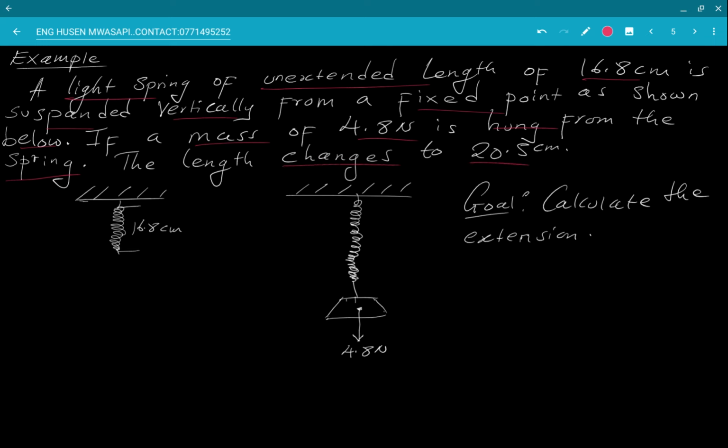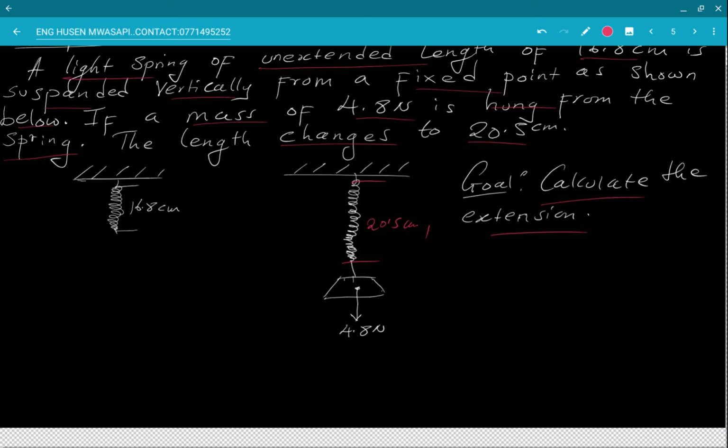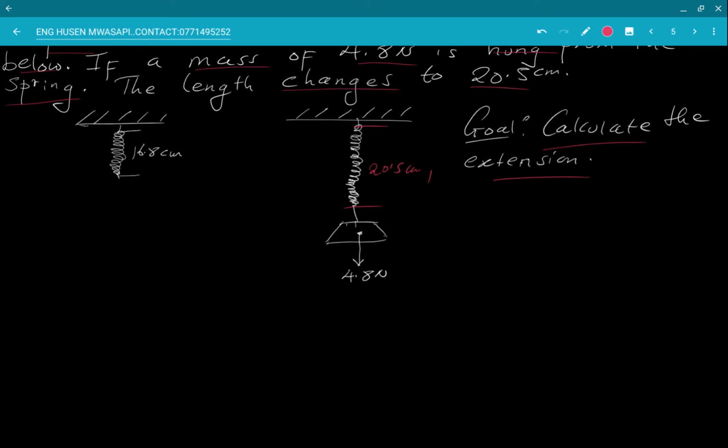Calculate the what? Extension. Now here it has not been specified which units we are supposed to put. So here in short, we have 20.5 centimeters. Now the goal is to calculate the extension of the material. Alright, so let us do that.